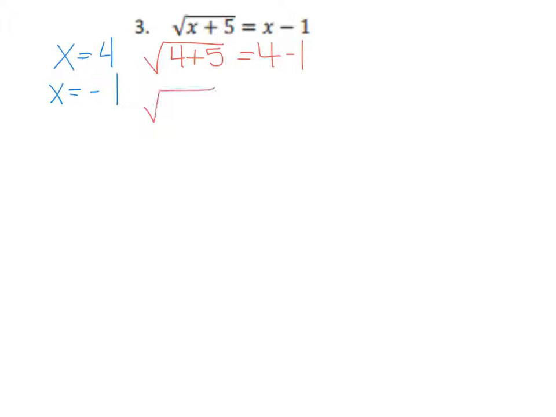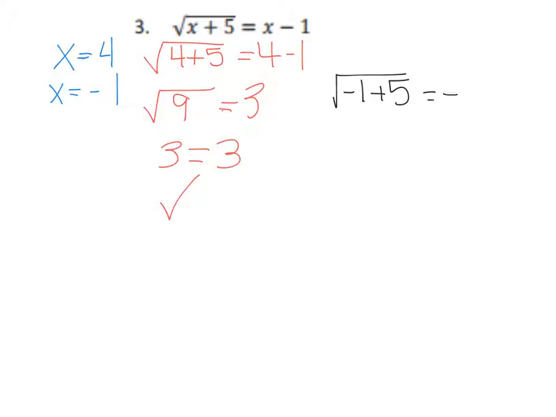Well, 4 plus 5 is just going to be the square root here of 9, equal 4 minus 1, which is just 3. 9 is a perfect square, so 3 equal 3. So when x equals 4, it does check. Now let's check for x equals negative 1. We have the square root of negative 1 plus 5, and does that equal a negative 1 minus 1?